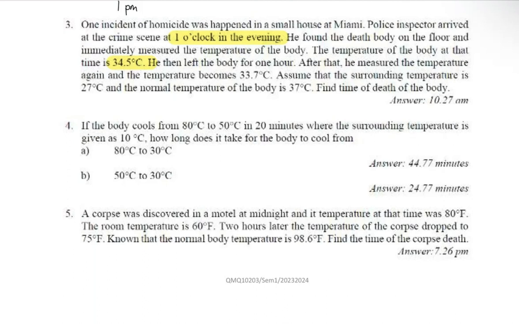I think I will do just one more. I think the other question I found is almost the same. So let's do one more question. Question number 4.